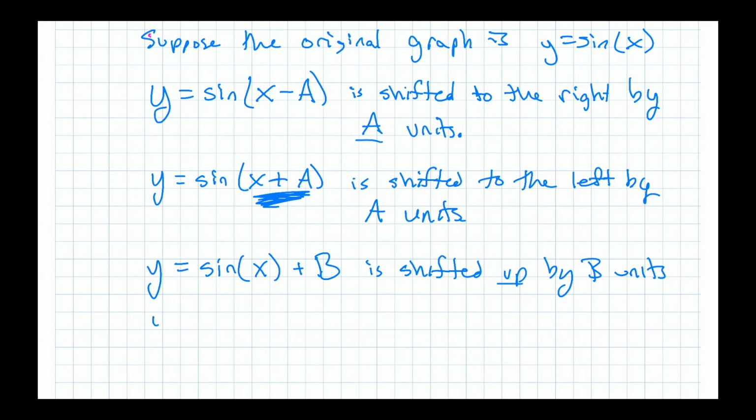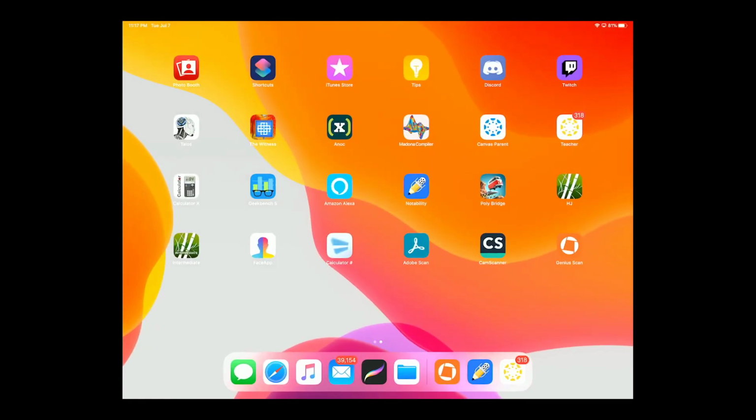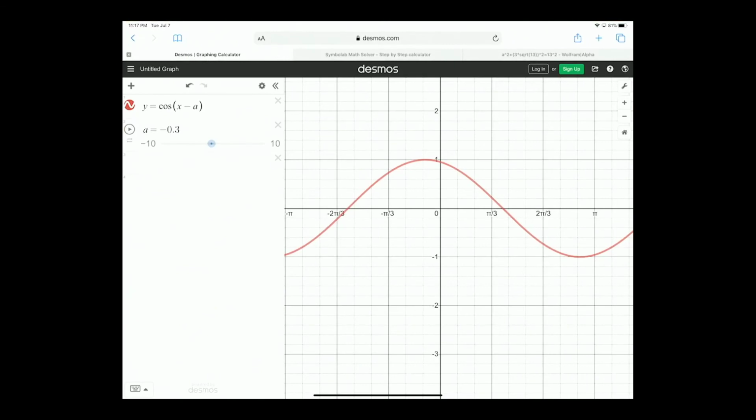And you'll never guess what putting a negative there does. Never in a million years would you have guessed that that moves it down by b units.